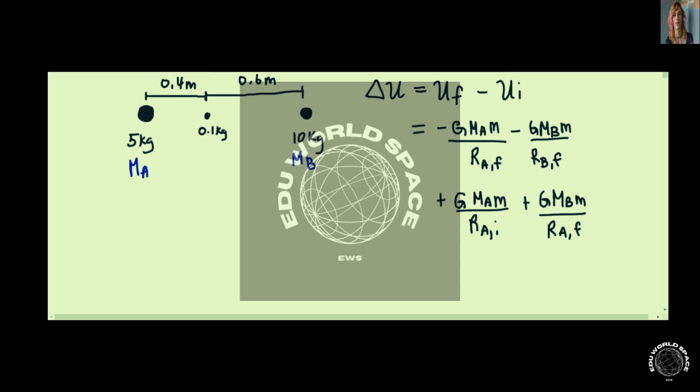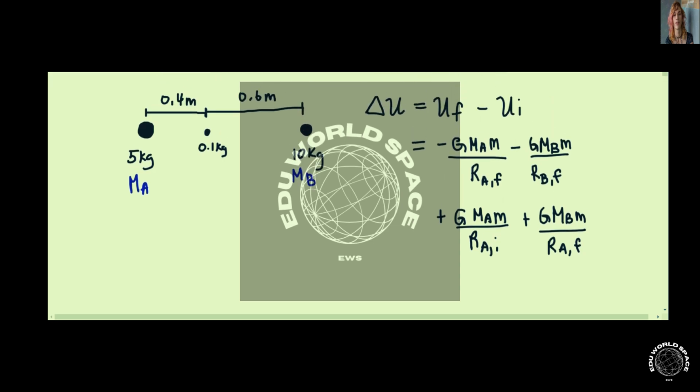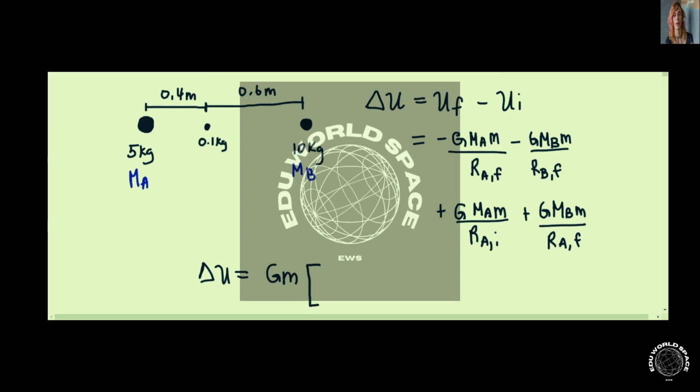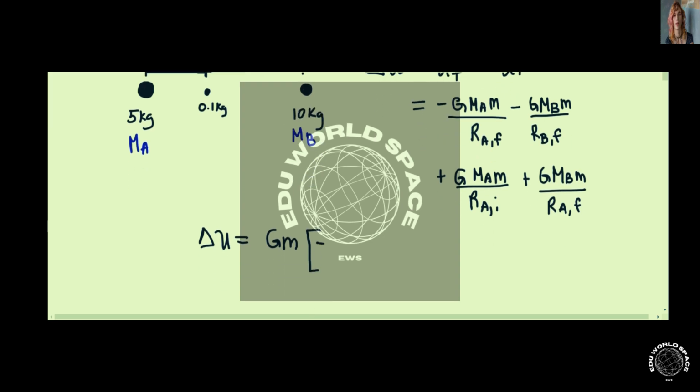Then I'm going to factor out the G and the little m, just so we don't have to write that a bunch of times, and we'll get something like this. Then we'll go ahead and plug everything in after that.